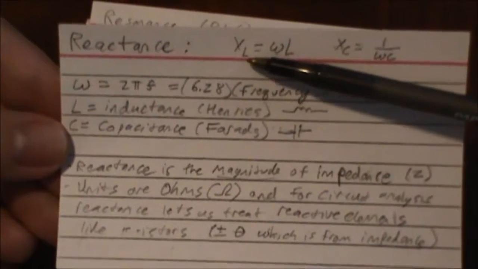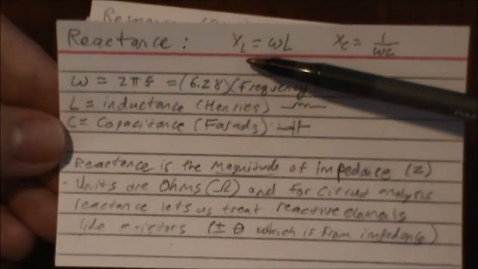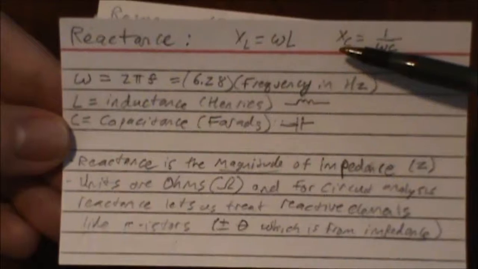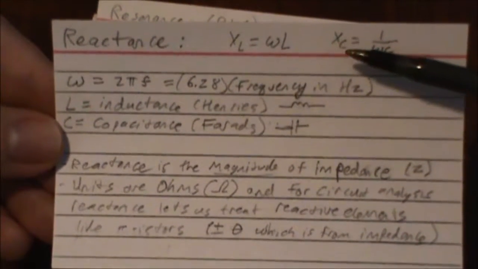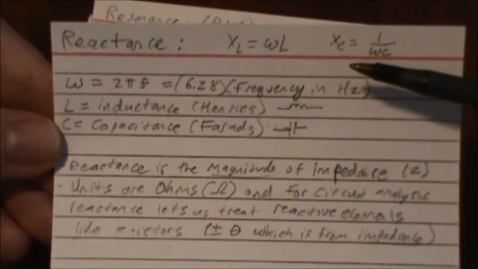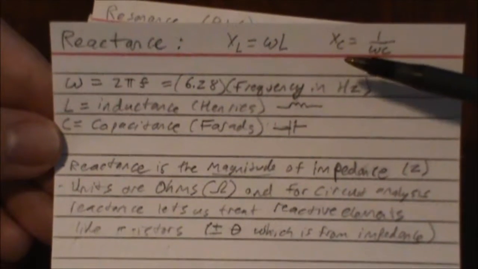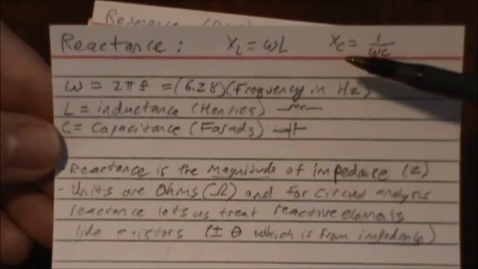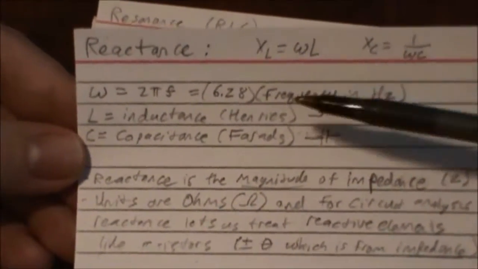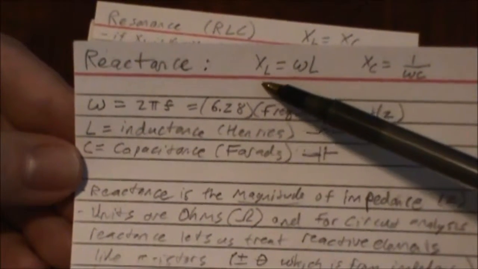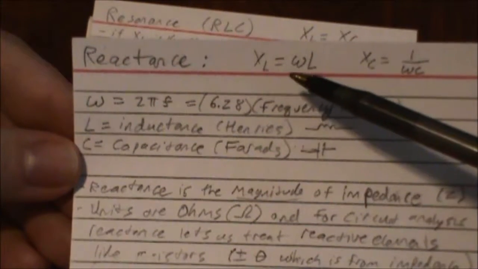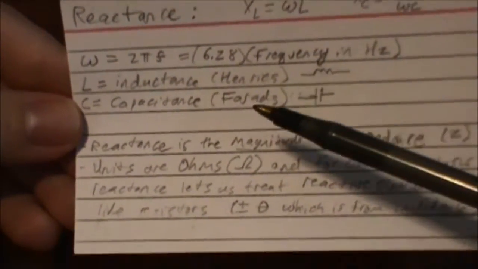X sub L is the reactance of an L, as in henries, for an inductor, a coil of wire, and X sub C, C for capacitors, which is, of course, in farads, but as opposed to X sub F for farads, we just use X sub C for capacitors. So, as you see, the reactance of a coil, X sub L, is equal to omega L.